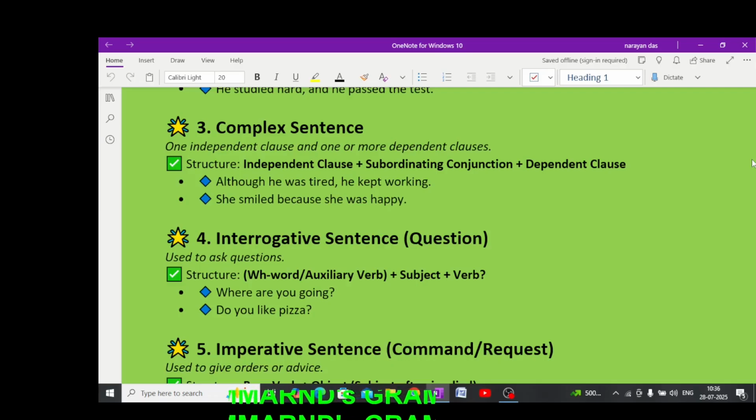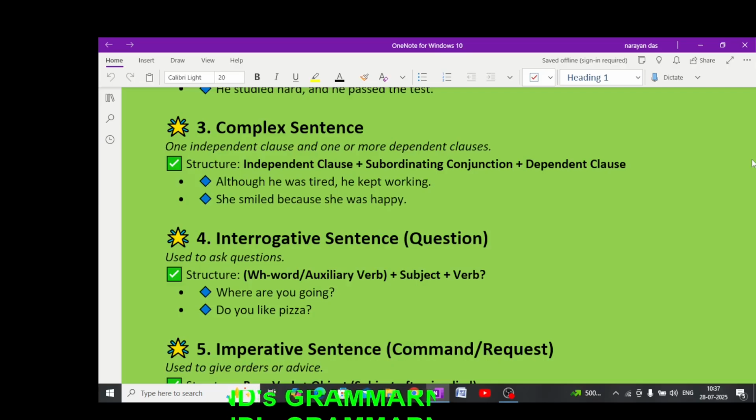He kept working means he worked. But although he was tired, if you say singly, although he was tired, what although he was tired? You cannot understand. But when this subordinate clause is joined with the main clause, then the meaning is full. So the subordinate clause cannot express the meaning itself. Only when it can express meaning when it is joined to the main clause.